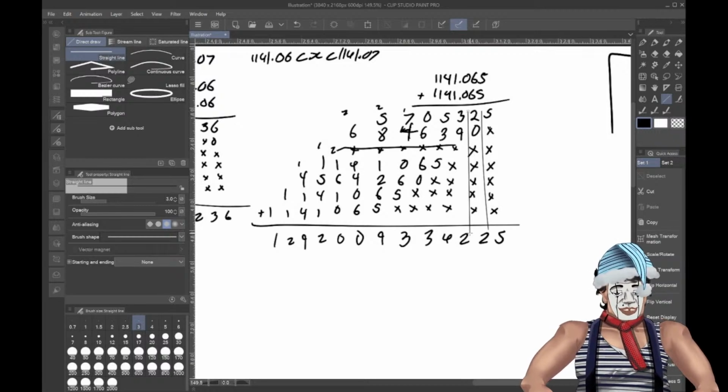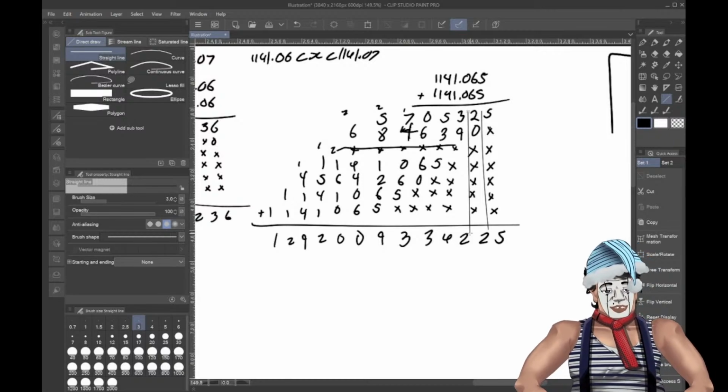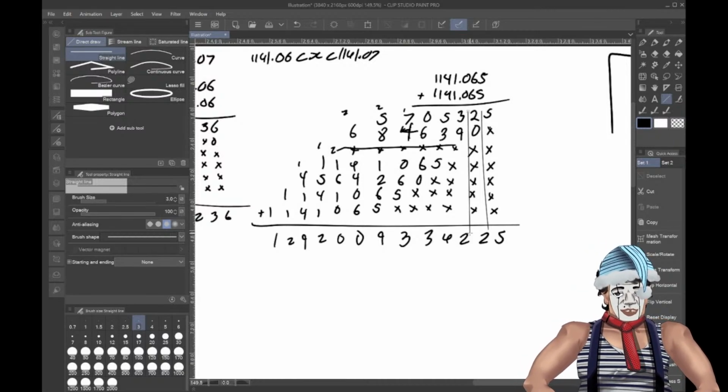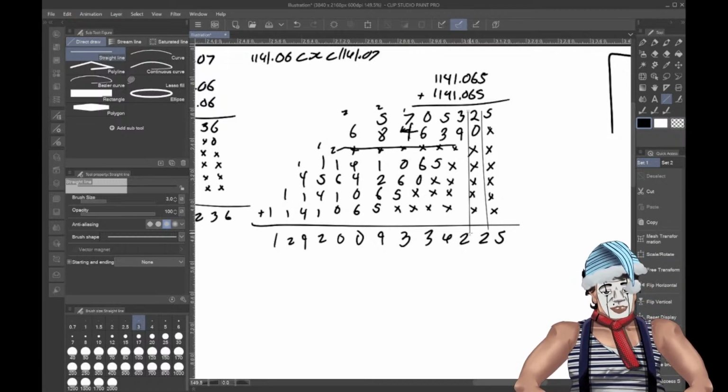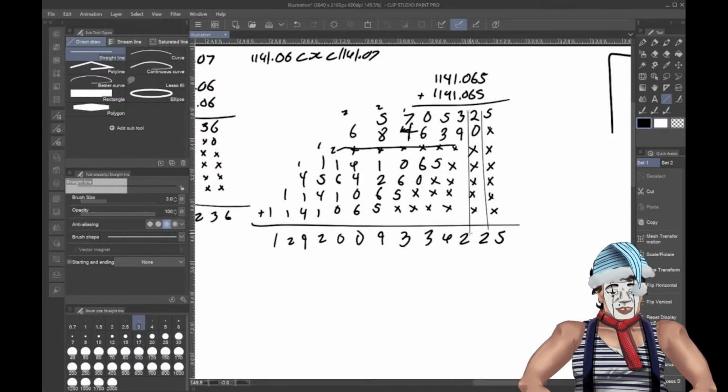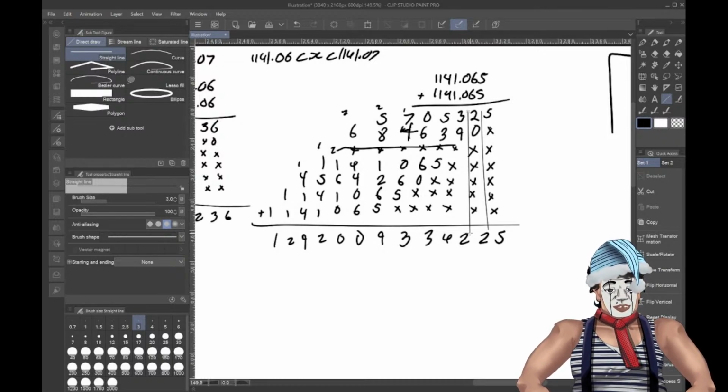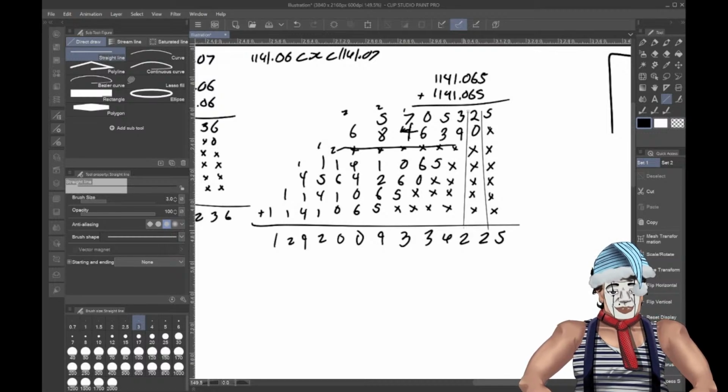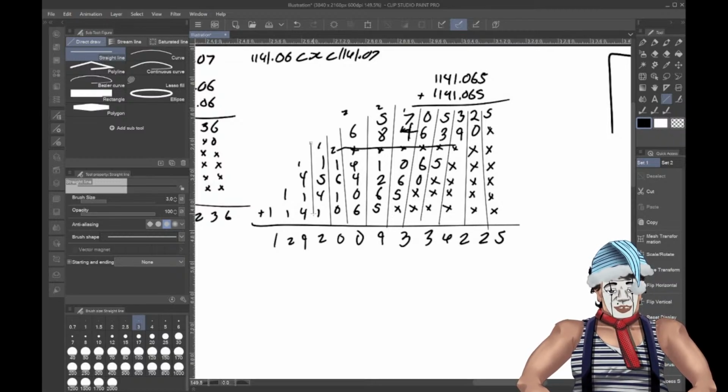5, 2, that's 12. 12, that's 14. That's 13. That's 11. 12. Plus 11. 23. That's 15. 16, 17, 18. Plus 6 is 24. Plus 5 is 29. What is that?